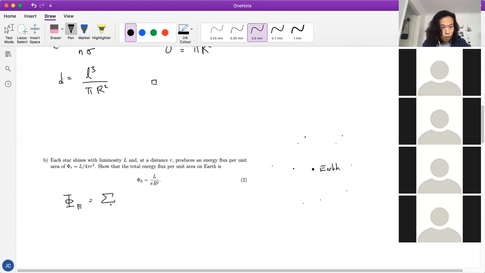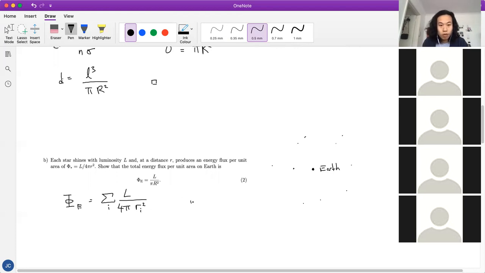So it's the sum over index i over all of the stars that are possibly out there. And you have an L contribution from each star, but it's diluted by 4 pi r squared, depending on how far away this star is. So their power is diminishing as the intensity travels to get to us. If we knew where all the stars are, then we could simply do this.